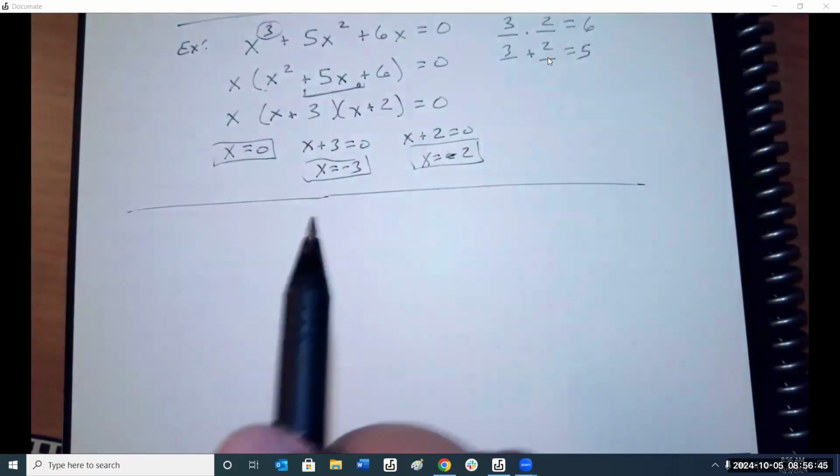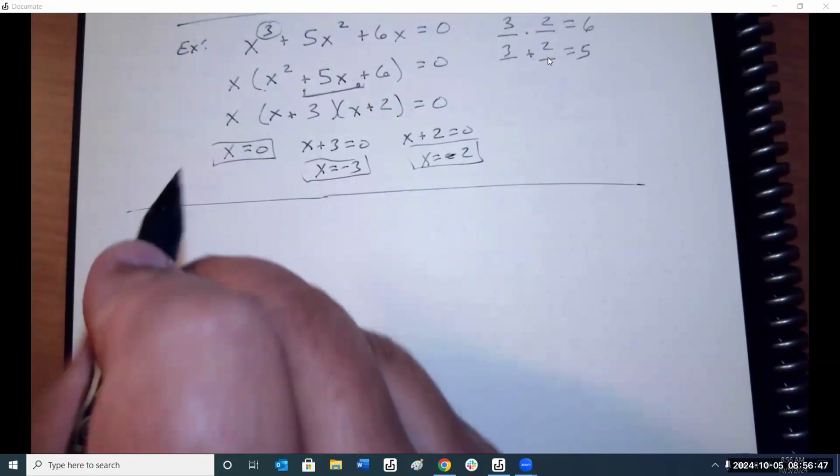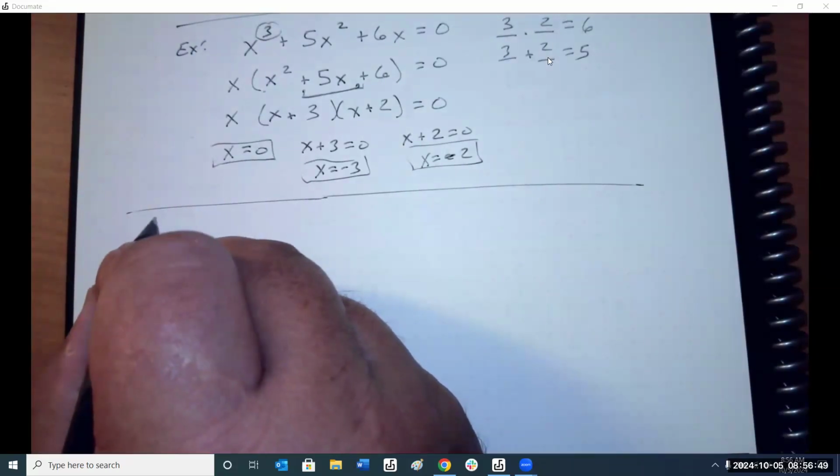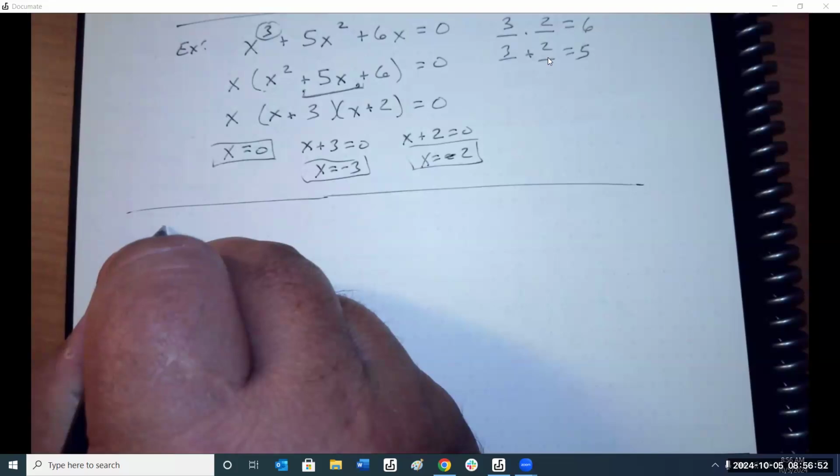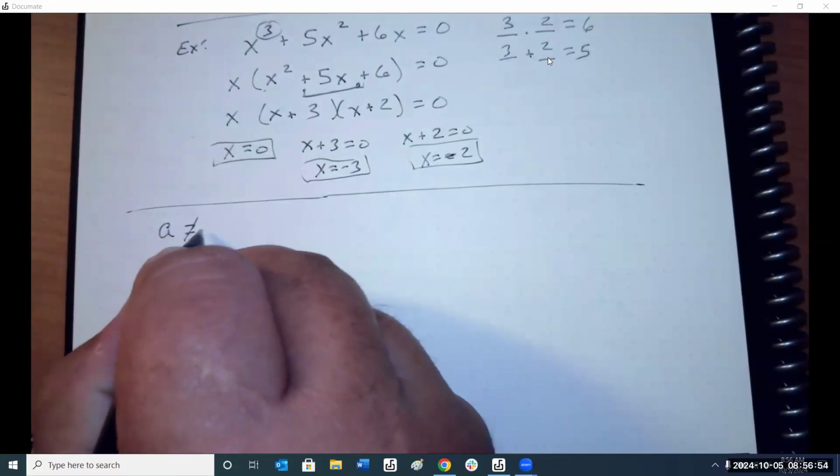So those were trinomials with a leading coefficient of 1. What if a does not equal 1?